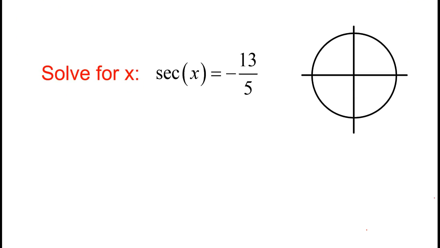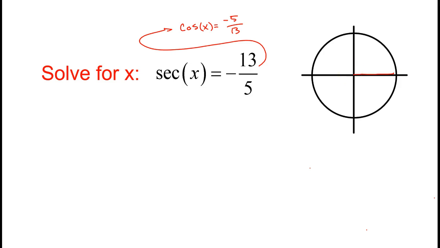Okay, folks, for this problem we were asked to solve for x, and we were given secant of x equals negative 13 over 5. I'd automatically like to rethink this as cosine of x equals negative 5/13. Cosine x equals negative 5/13 means x is going to show up in quadrant 2.